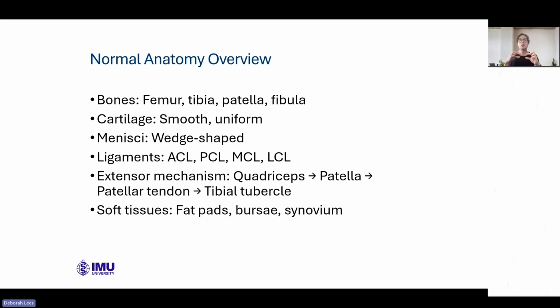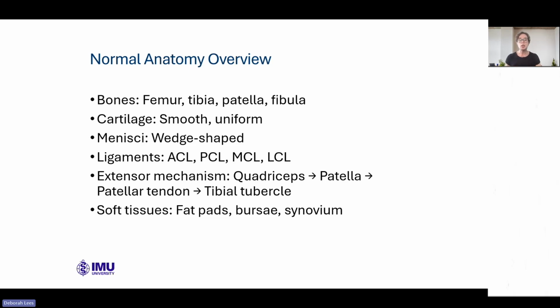So if you actually do surgery on it and you look at the anatomy, you can see it's just a continuous sheath. But for the sake of talking about it and for the sake of diagnostics, we divide that up into the quadriceps tendon, which is proximal to the patella, and the patella tendon, which is distal to the patella.